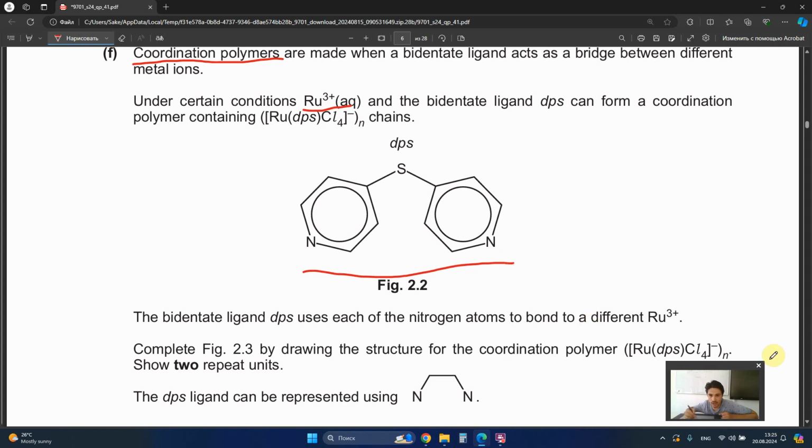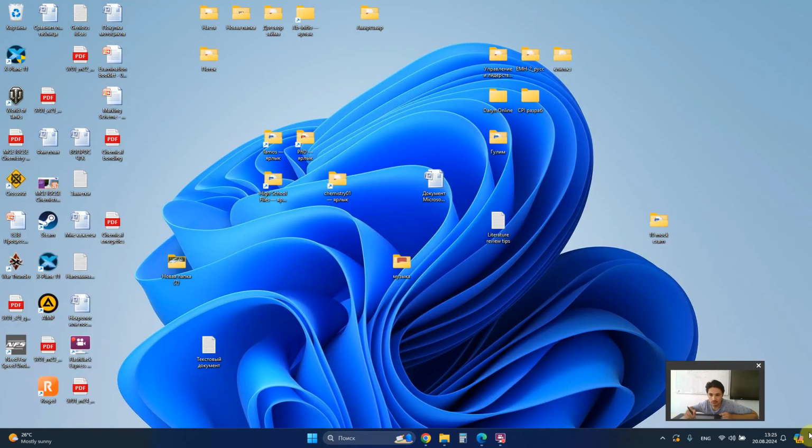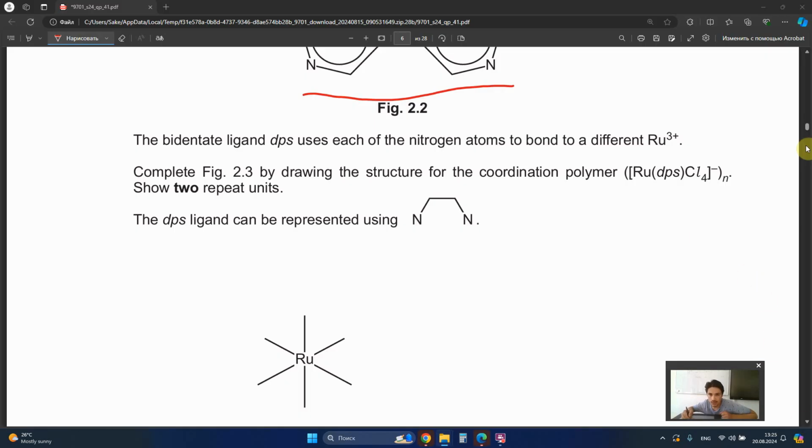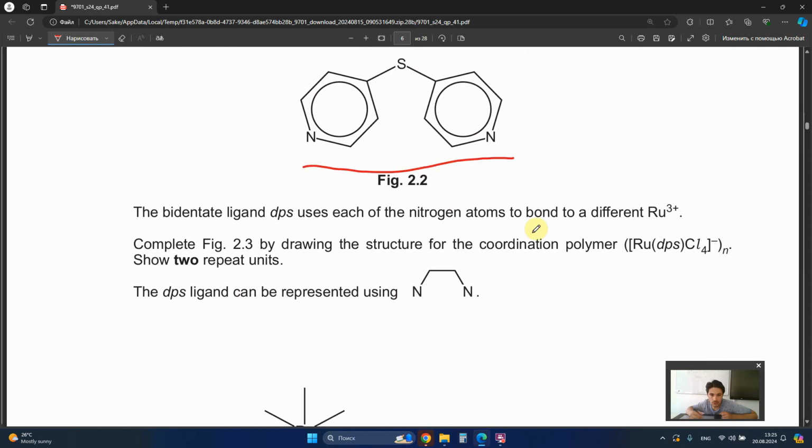And you have to show, look at the task itself. So what should you do? You have to show the structure of the coordination polymer using two repeat units. And you have to simplify this part as shown here.